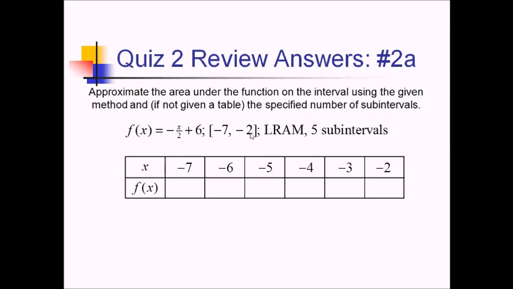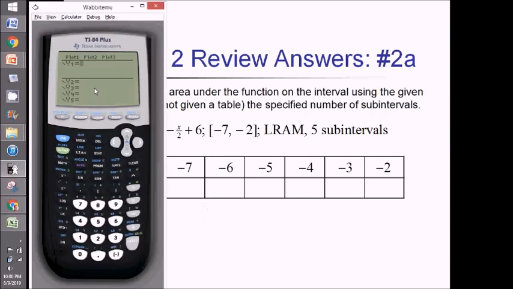Okay. Now since I am allowed to use a calculator on this problem, I'm going to just plug this function in my calculator and get a table here, like so. So I'm in my y equals. I'm entering in negative x over 2, so fancy fraction mode here. I didn't really need to do that, but why not?